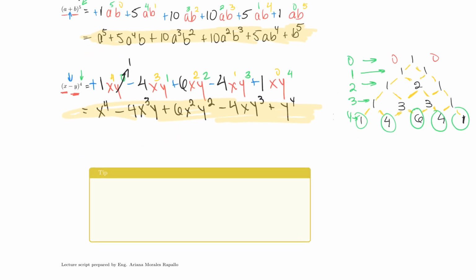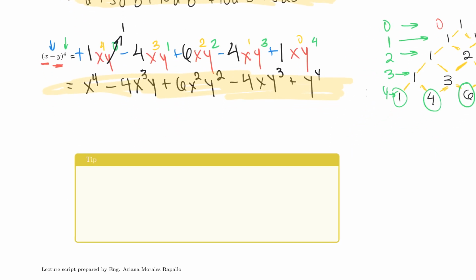So let's look at some tips on how we can use Pascal's triangle. Right? So the first thing to know is to identify the power of your binomial. Then the power of your binomial will be equal to the row that you need to consider to start your expansion.